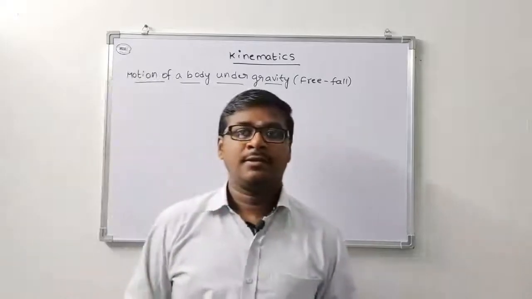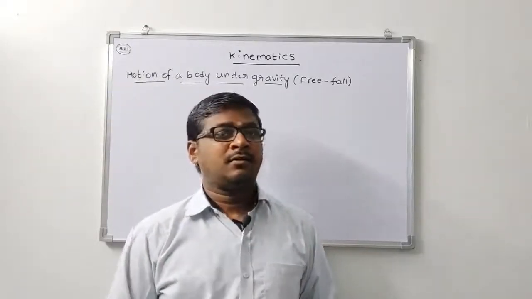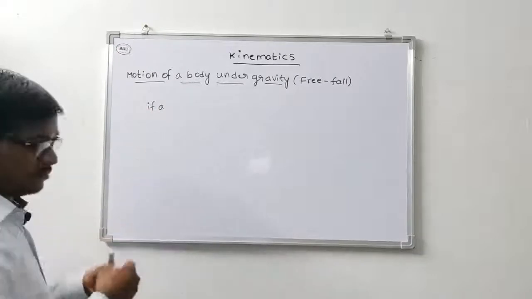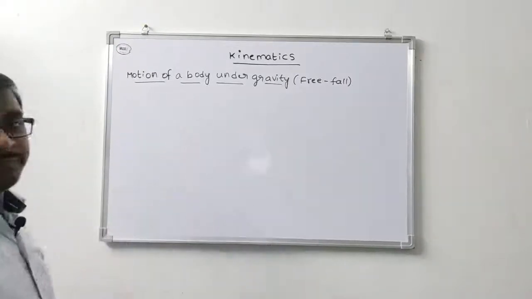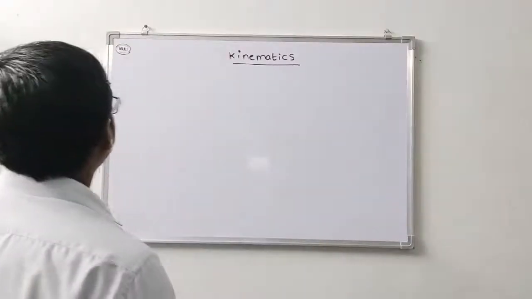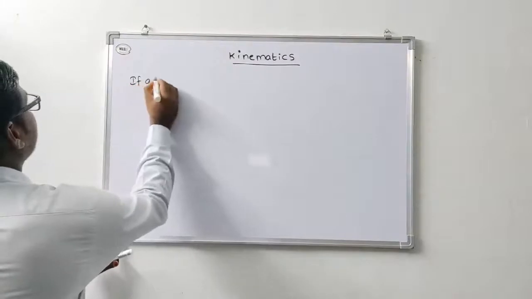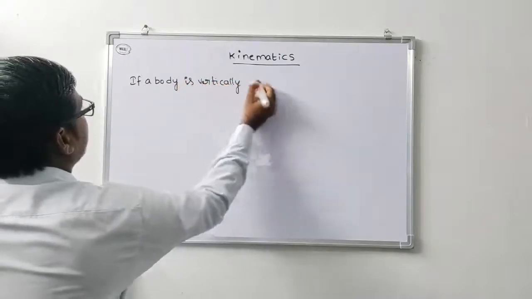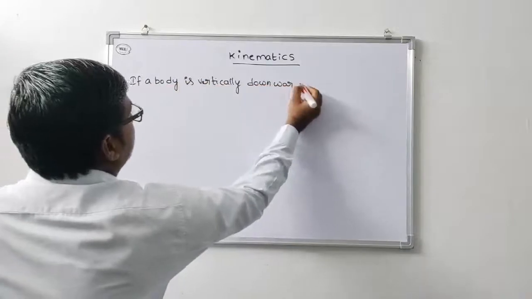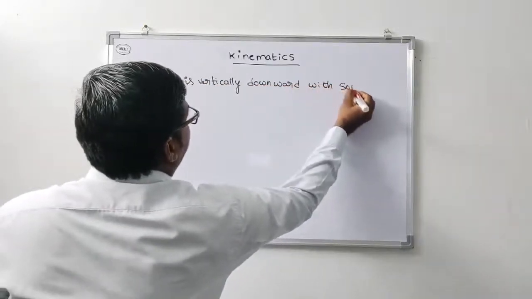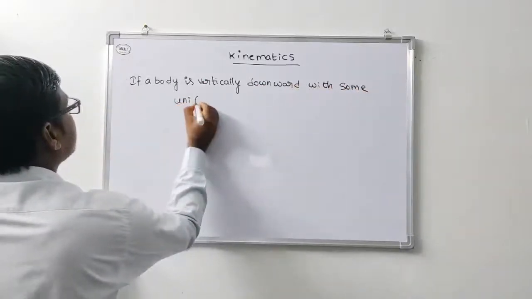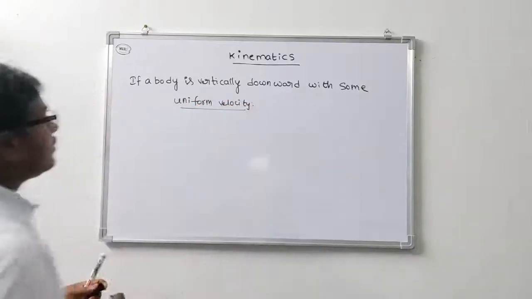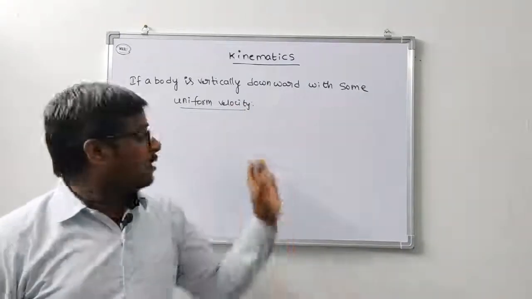Next, let us discuss if a body is projected vertically downward with some initial velocity.